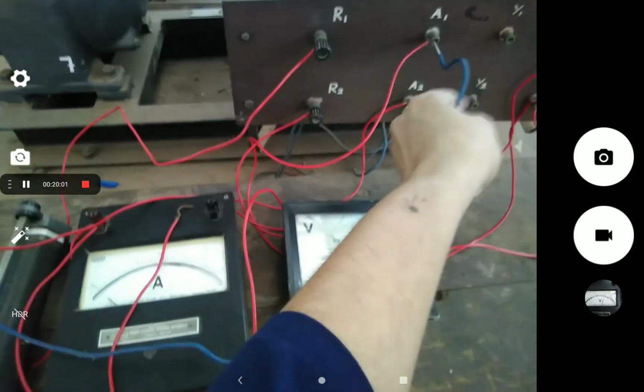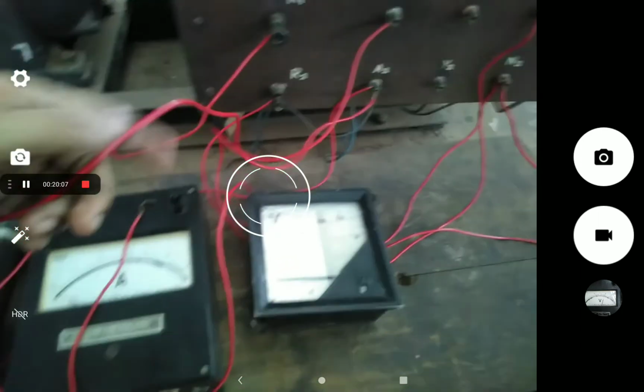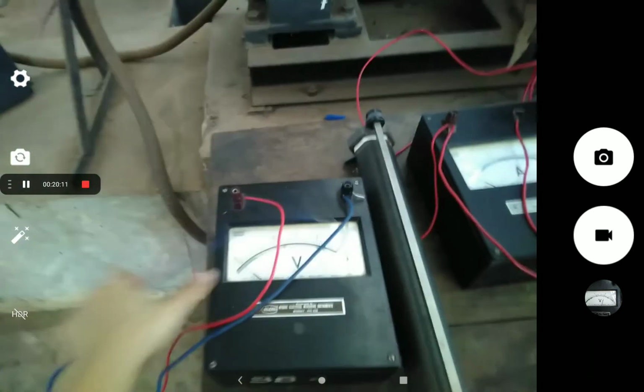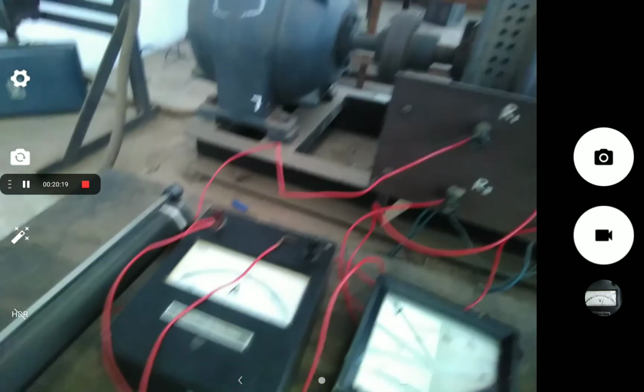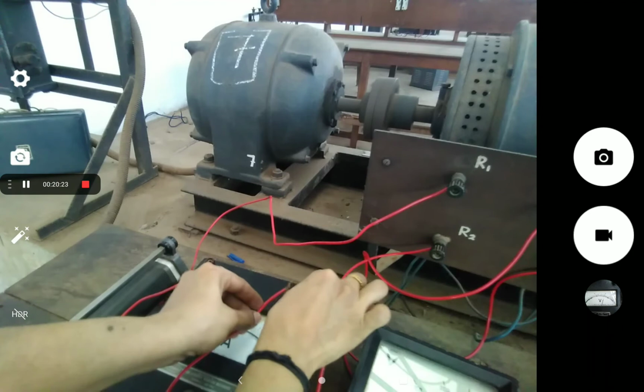Now we can remove this meter by disconnecting it. I have temporarily connected it, so we can remove it. We don't need this meter now, only to measure residual voltage we are using this small meter. Then we have to close our field winding to get excitation.